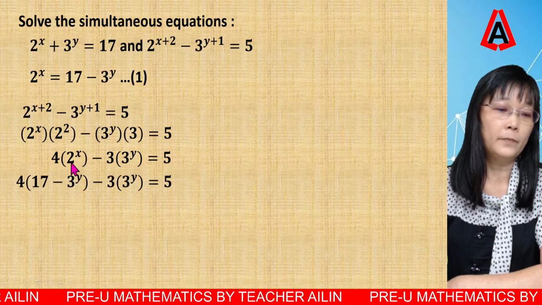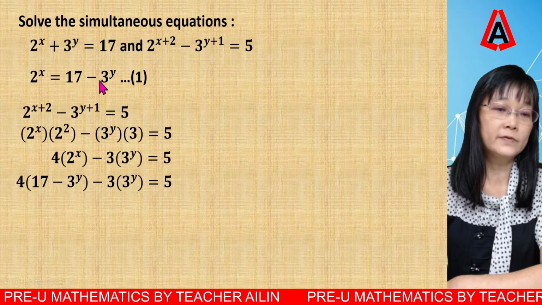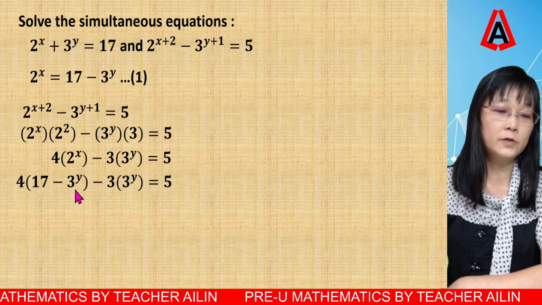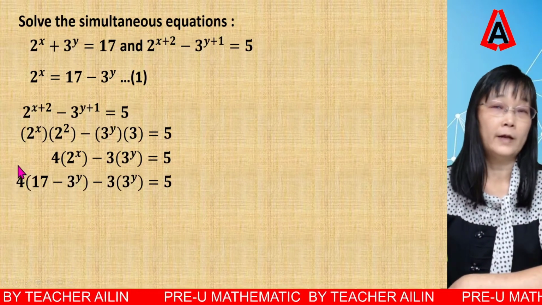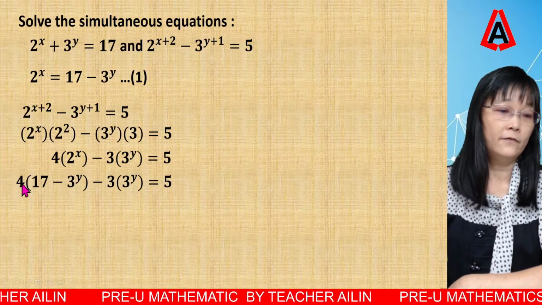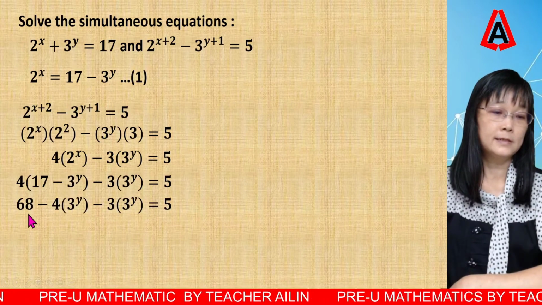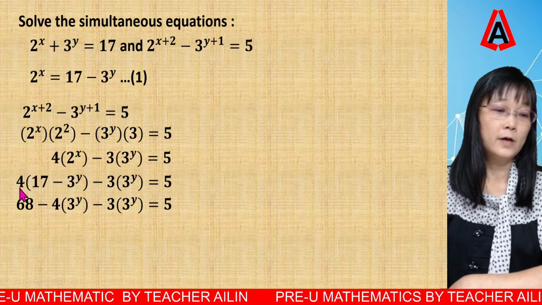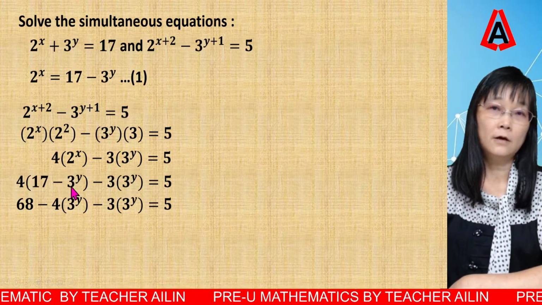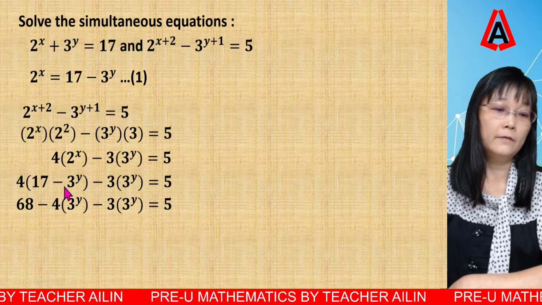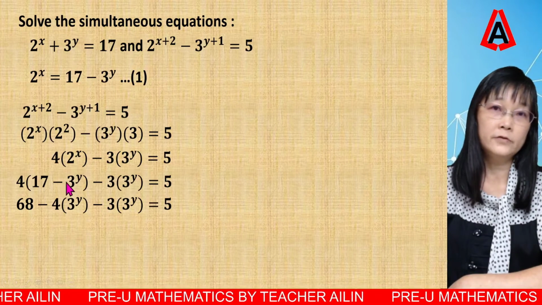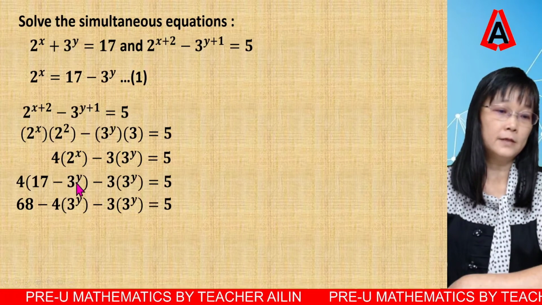When I replace 2 power x with 17 minus 3 power y, and expand here, 4 times 17 is 68. But this 4 is not allowed to multiply with 3 because 3 is the base of the index.